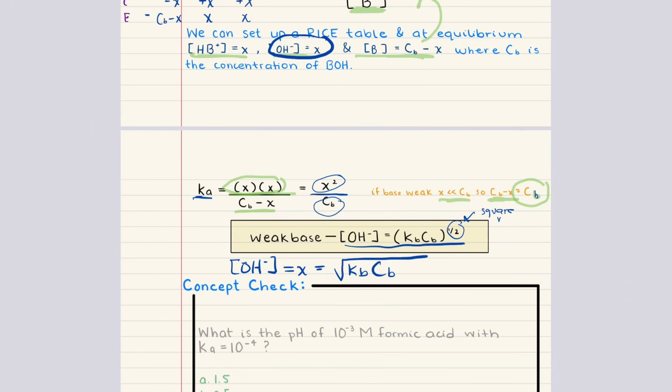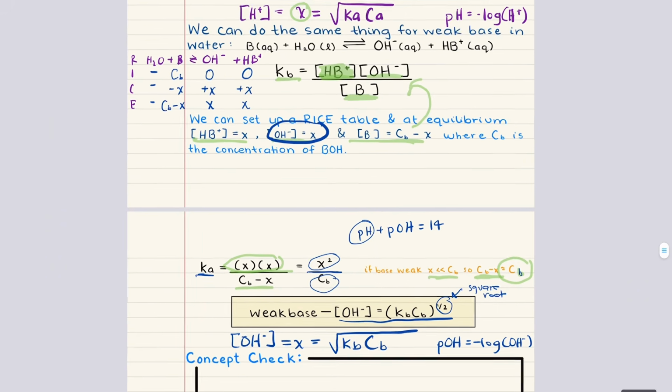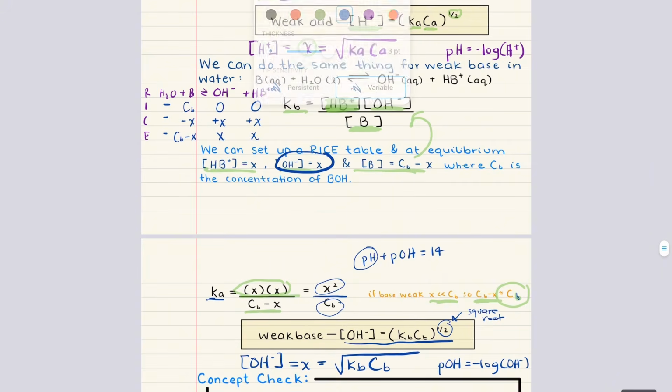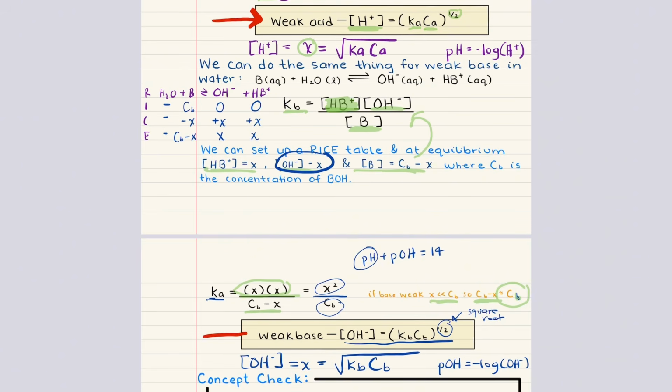And once we have the hydroxide concentration, we can calculate pOH as the negative log of our hydroxide concentration, and then use the relationship pH plus pOH equals 14 to determine the pH. So to summarize this section, weak acids in water and weak bases in water require equilibrium calculations, but with our approximations, we can simplify the math into two very useful equations.